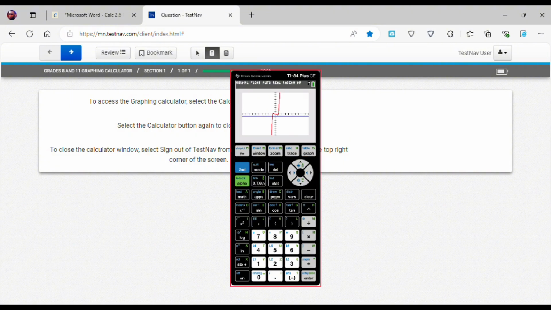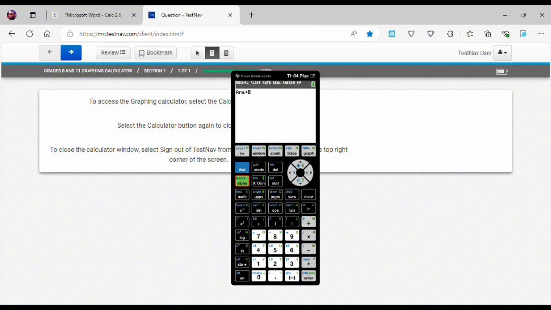So we're going to graph, and we see it intersects at one point. So we're going to do second, trace, and then 5 for intersect. Enter, enter, enter. So you enter 3 times. So our intersection point is negative 0.93355. But we're going to store this actually to make our lives easier.